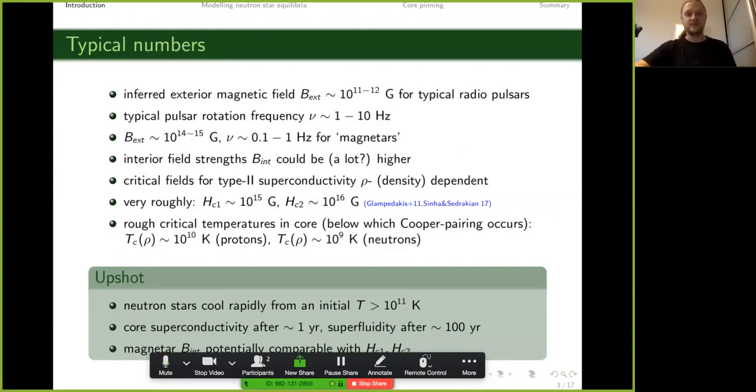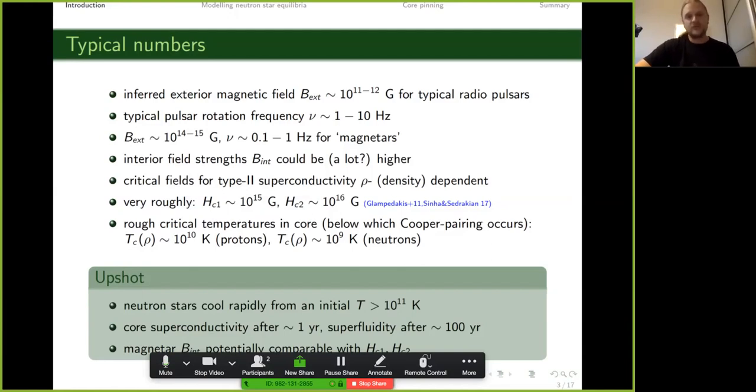We see that radio beam sweeping past the Earth with some period, which is very stable, but over time the period lengthens as the star spins down, loses rotational energy. If you associate all that rotational energy loss with magnetic dipole radiation, you can infer what the magnetic field would be to give you that energy loss. And that gives that kind of number.